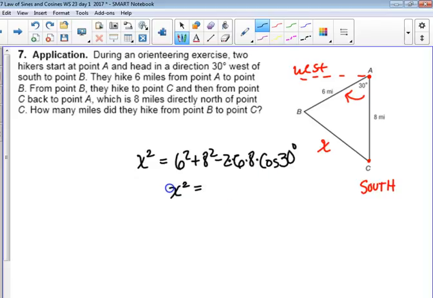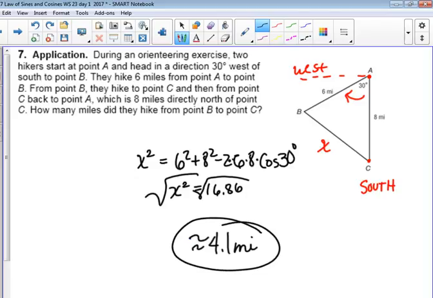I got 16.86. What do we have to remember to do? 4.1 miles. Was it miles? Yes, yes. Okay. They finally give us the label and I can't remember what it is.